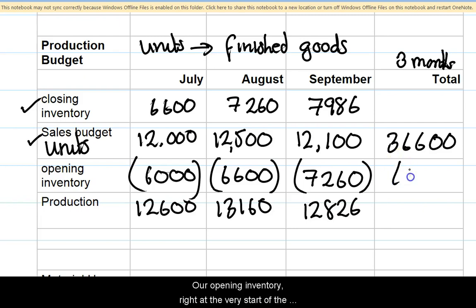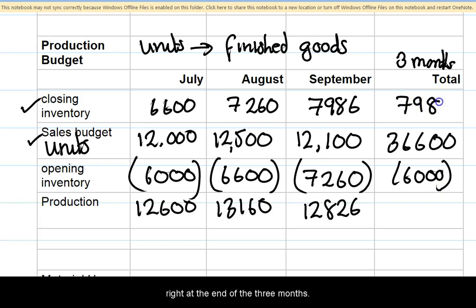Our opening inventory right at the very start of the period, and our closing inventory is right at the end of the 3 months. And our production, 38,586 units.